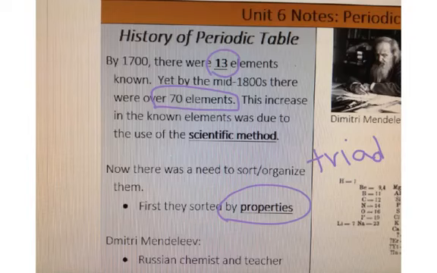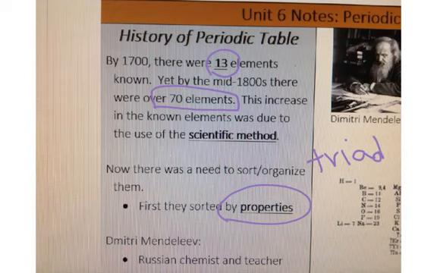An example would be chlorine, bromine, and iodine. Even though they looked very different, they had very similar chemical properties. For example, they all reacted with metals, so they would be grouped in this triad, which is 3 elements. Well, with over 70 elements, a triad still becomes very confusing because you're talking over 20 different triads.